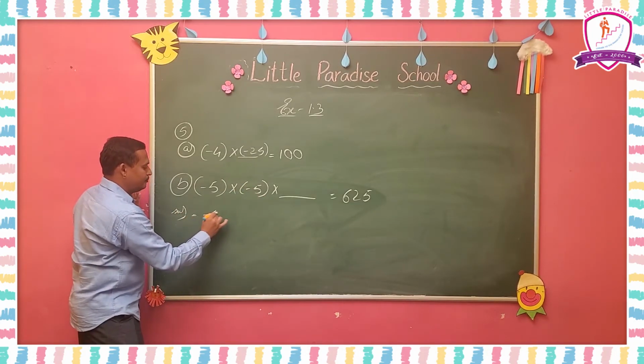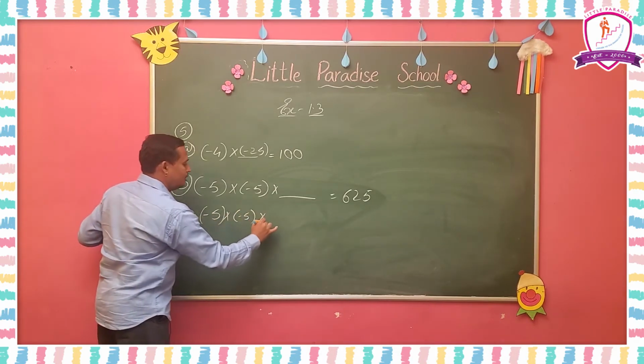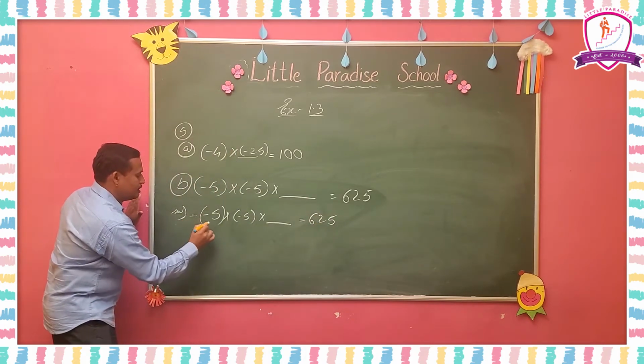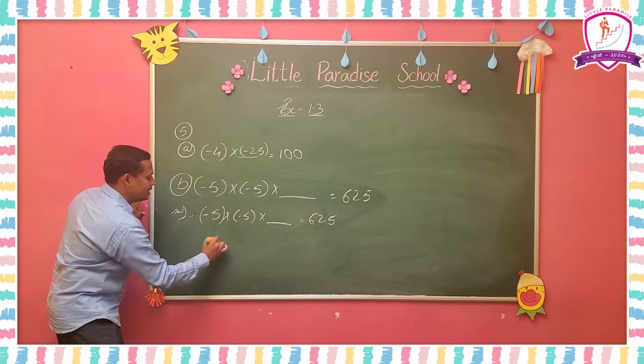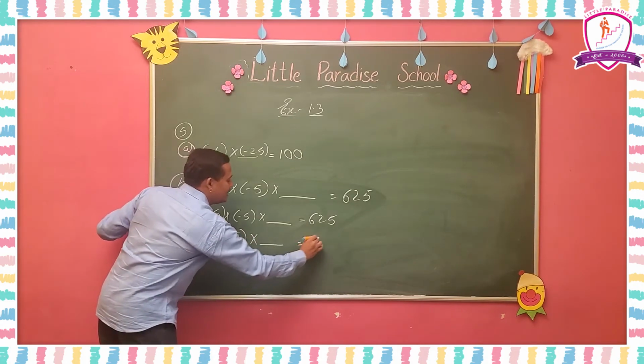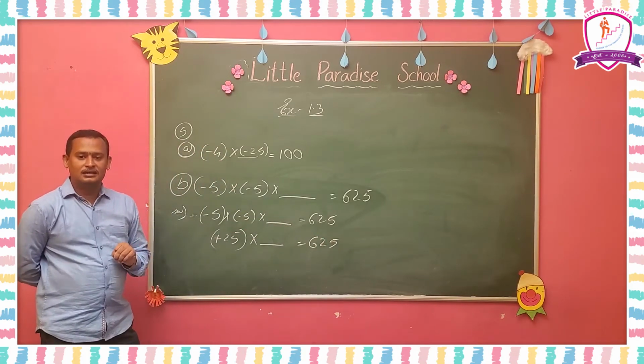Minus 5 into minus 5 into dash is equal to 625, and next minus 5 into minus 5, minus into minus plus 25, we will get the answer. Then what should be multiplied to this plus 25, then we will get the 625 as answer.